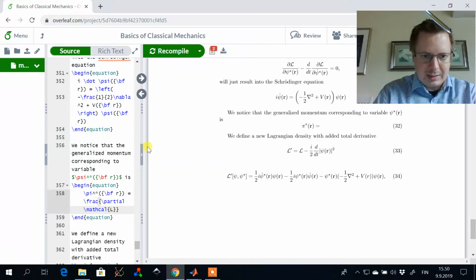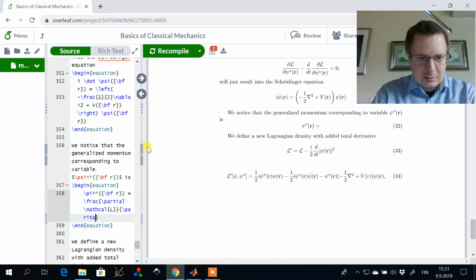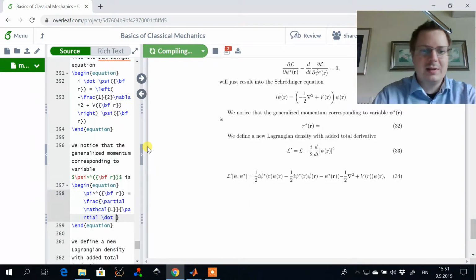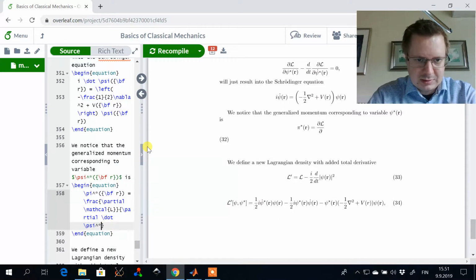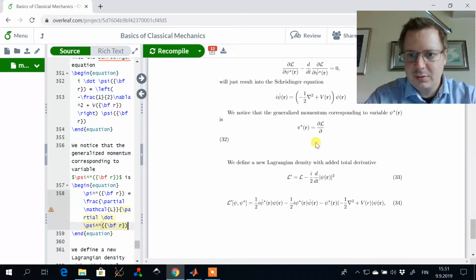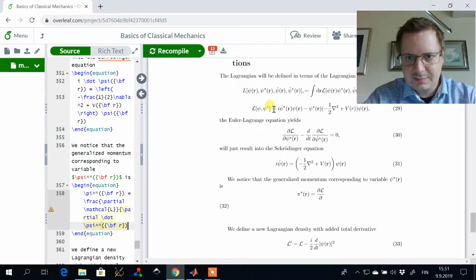It will be the partial derivative of the Lagrangian density with respect to the dotted field, the time derivative of the field. And then if you look, it's here, so it will be i psi.